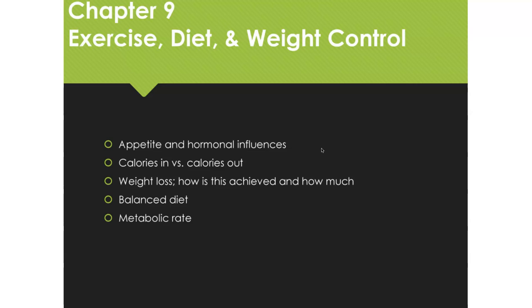For balanced diet, just know what things that you should have, things that you should avoid. Look at the certain types of fats that are good for you, those that you need to try to keep at a minimum. The other thing that we talked about in here was your metabolic rates. You have 2 different ones.